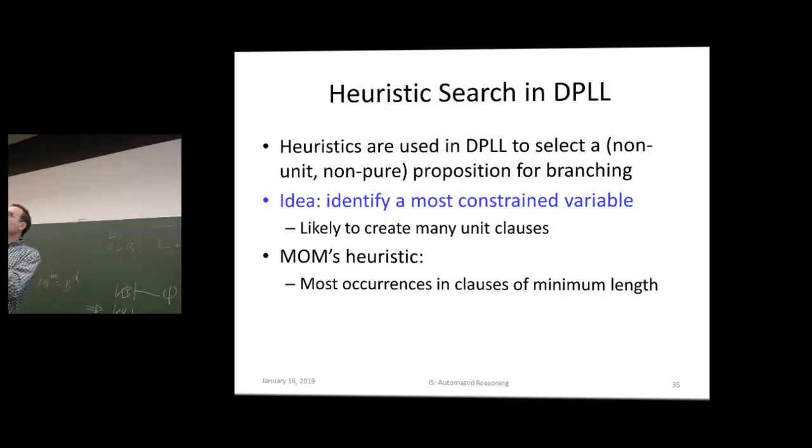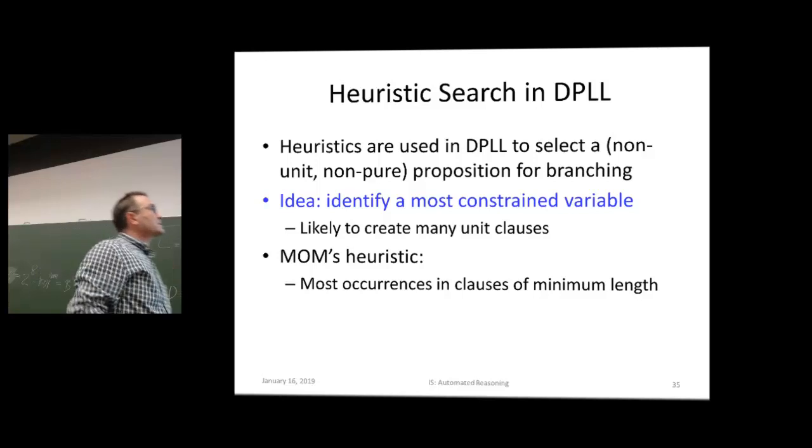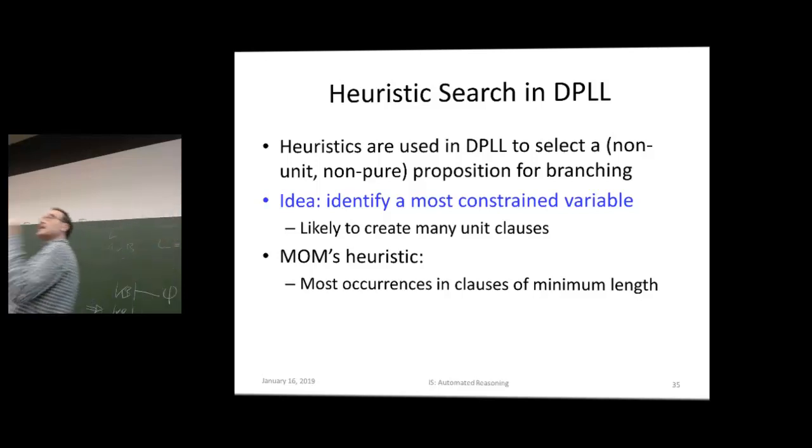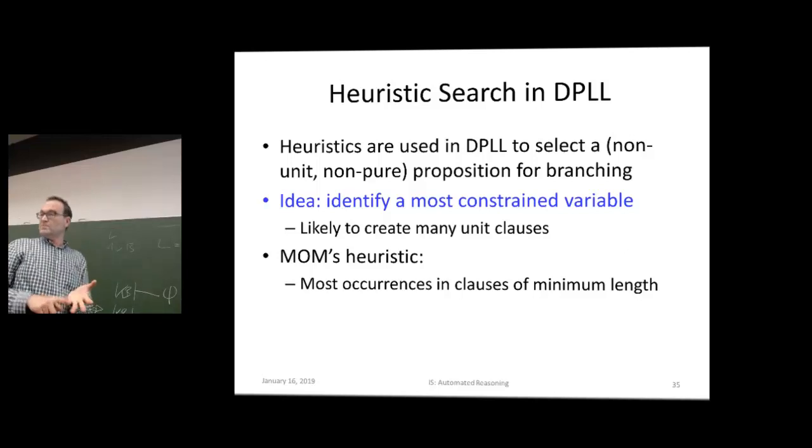And the idea is to have one which identifies the most constrained variables. And that is the one that is likely to create most unit clauses, because I've just said that the unit clauses really help you to reduce your search space best. And one idea for this is MOM's heuristic: most occurrences in clauses of minimum length.